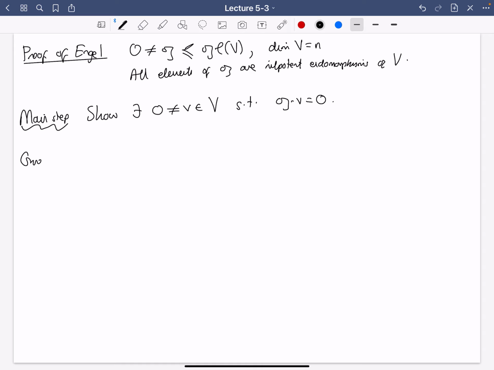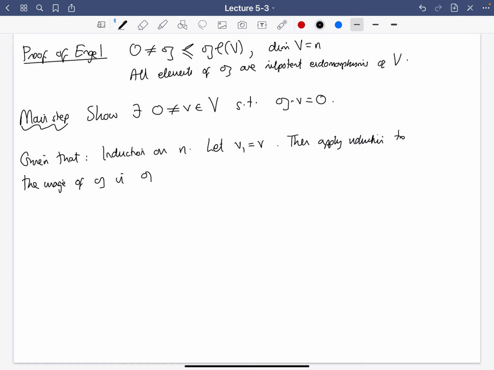So given that, let's just see how the proof goes. Given that we've done that, you just do some induction on n. You let v1 be that given vector v from the main step, and then you apply induction: you look at the image of G in its representation on V', being V factored out by the span of that vector v.